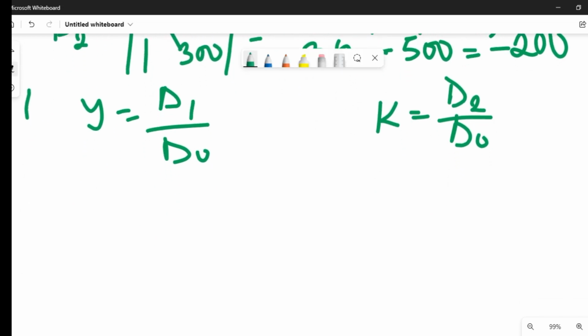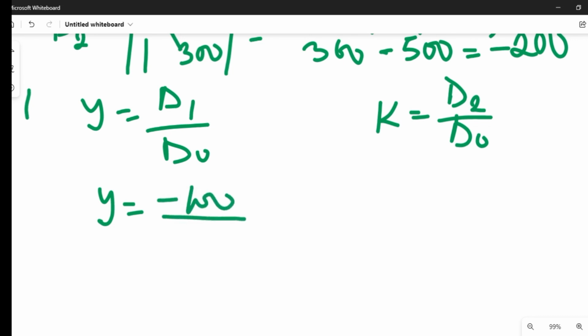Our D1, from what we've gotten up there, is equal to minus 100. So we'll have minus 100 divided by our D0, which is equal to minus 1, and that will be equal to 100, as the minus cancels.